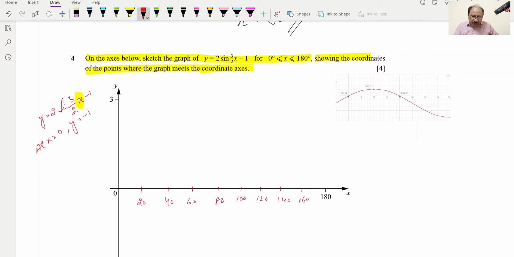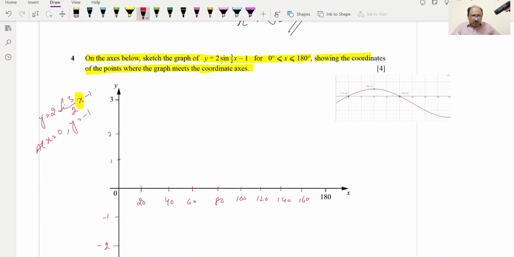So a 20 gap I have taken on this side, and on this side we can take 1 and 2. So this will be 1 and 2. Similarly, we can roughly take minus 1 and minus 2 over here without any scale.